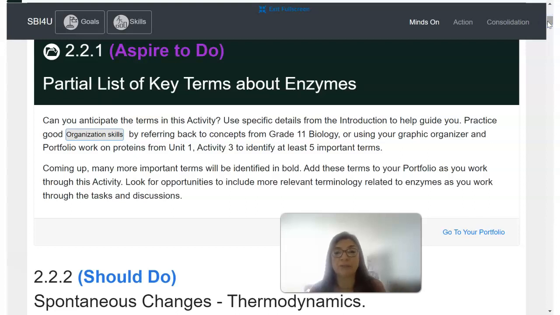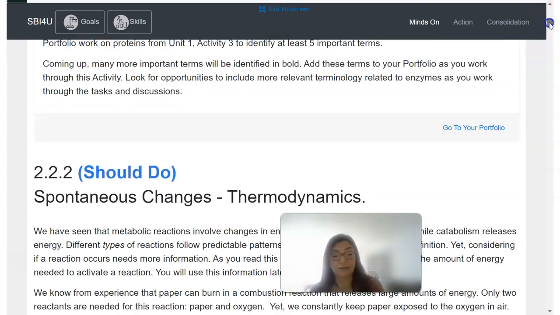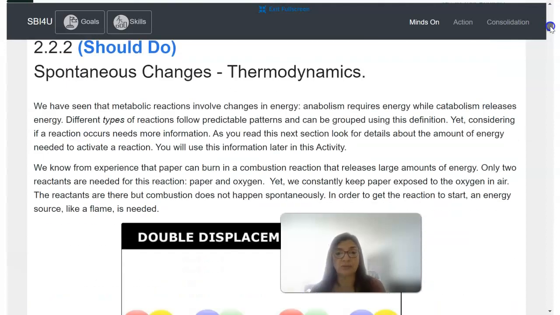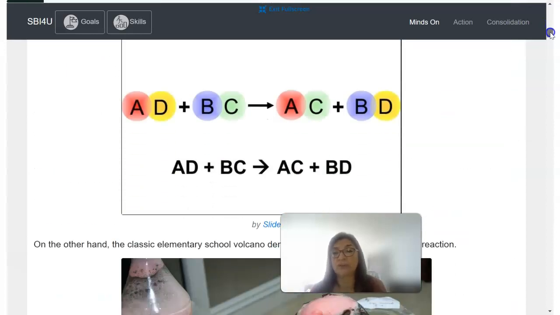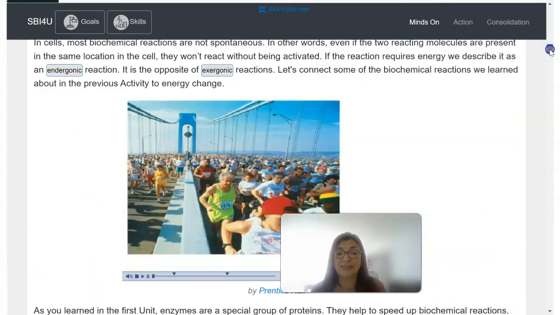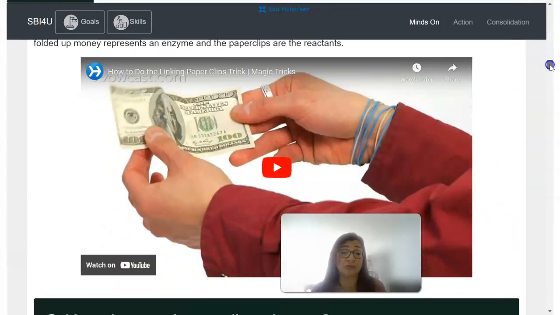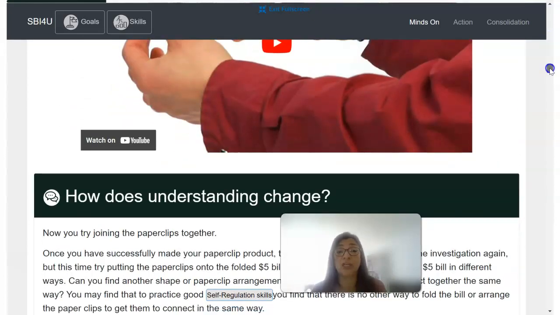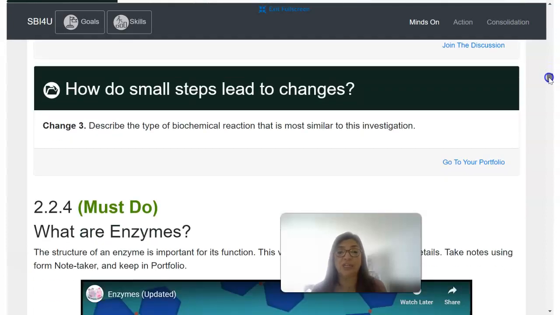So if I were you, I would say proteins, I would say chemical reactions, I would say catalysts, and build your list. And then for the spontaneous change or thermodynamics, you're going to understand what a chemical reaction actually is.